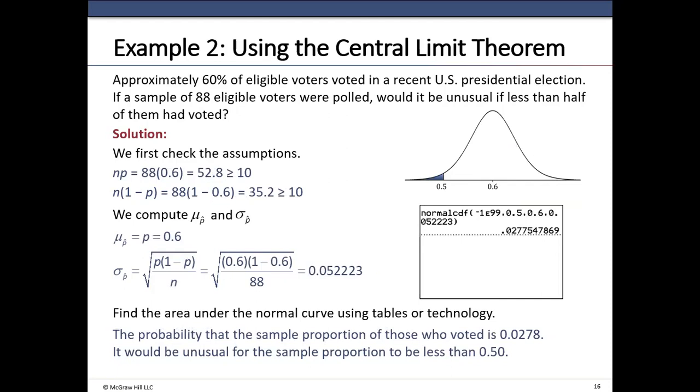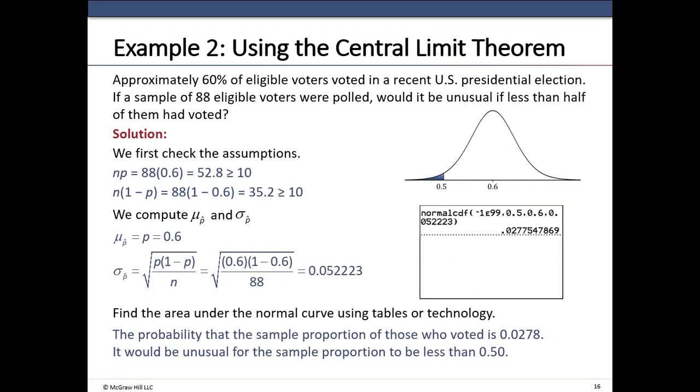Approximately 60% of eligible voters voted in a recent US presidential election. P, the population proportion, is 0.6. Sample of 88, n is 88. So the number of successes is 88 times 0.6, which is 52.8.